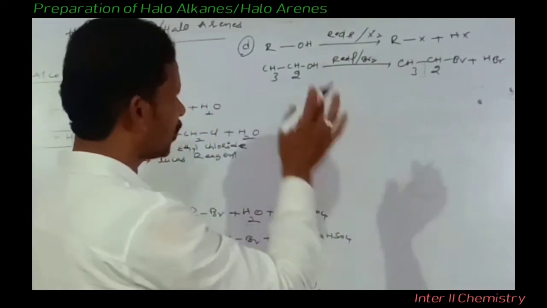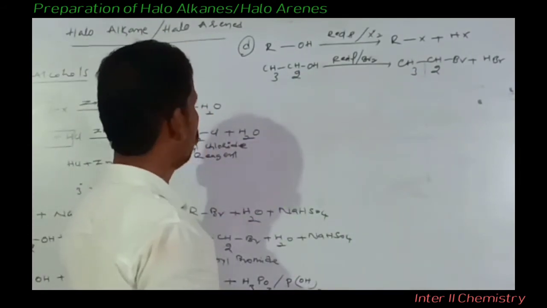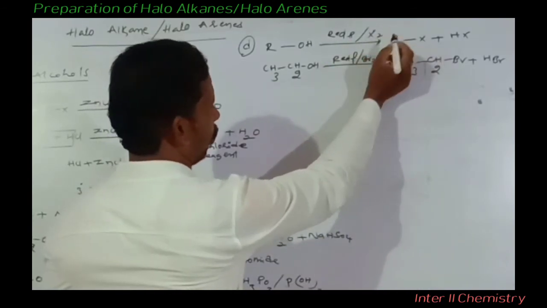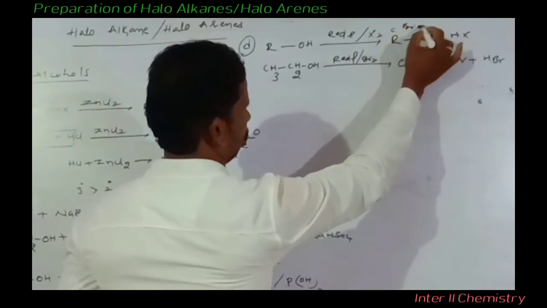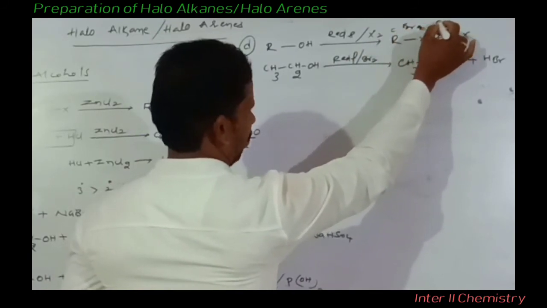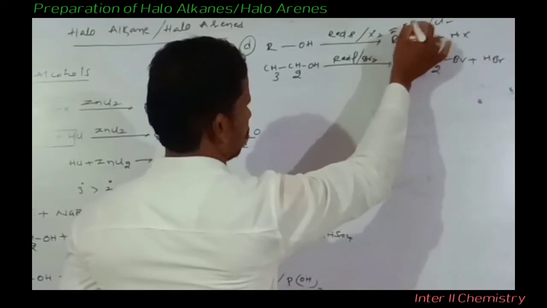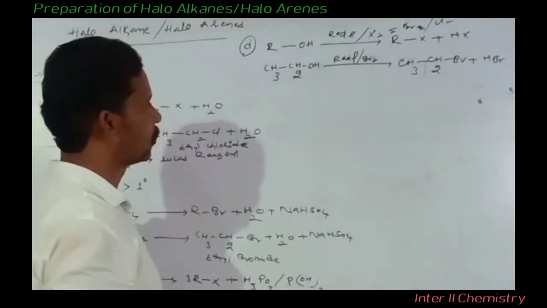This is the best method for the preparation of alkyl bromides and alkyl iodides. Here X is Br2 or maybe Cl2. So this is from alcohols only.